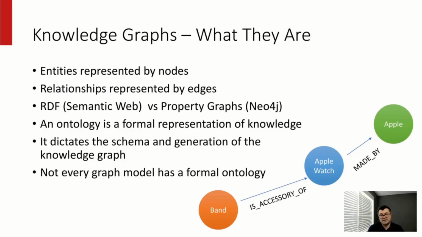Now, there are different ways how you can basically implement a knowledge graph. There is one representation called RDF, where it's basically triplets of subject, predicate, object. So here, Band would be subject, the relationship is a predicate, and Apple Watch is an object.